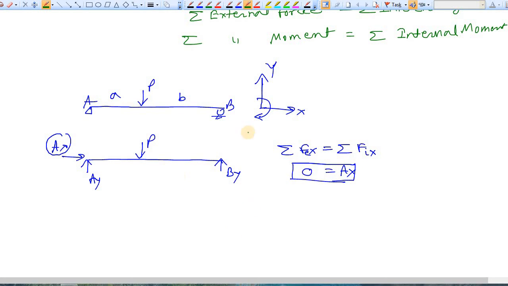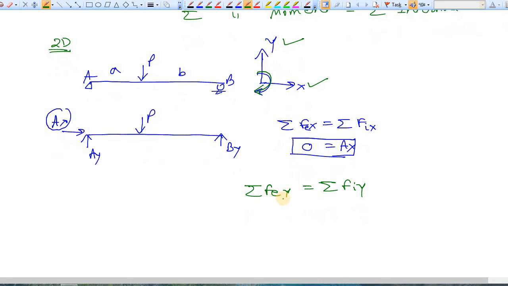Now next, the Y direction. This is a 2D system, so we have to consider only 3 possibilities: movement in the X direction, movement in the Y direction, and rotation about the Z axis. Now, to maintain equilibrium, external forces in the Y direction must be equal to internal forces in the Y direction.